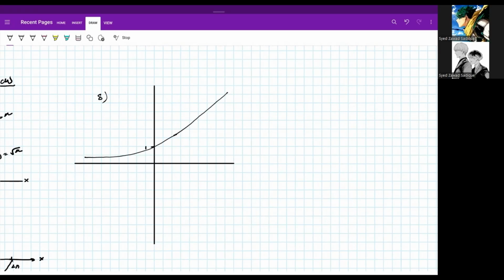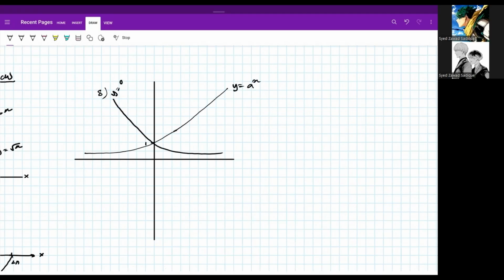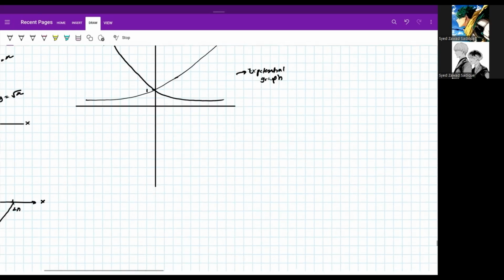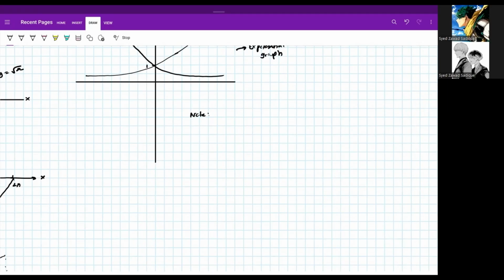This is y equals e to the power x. Similarly, this is y equals e to the power minus x. This is exponential graph. Exponential graph.